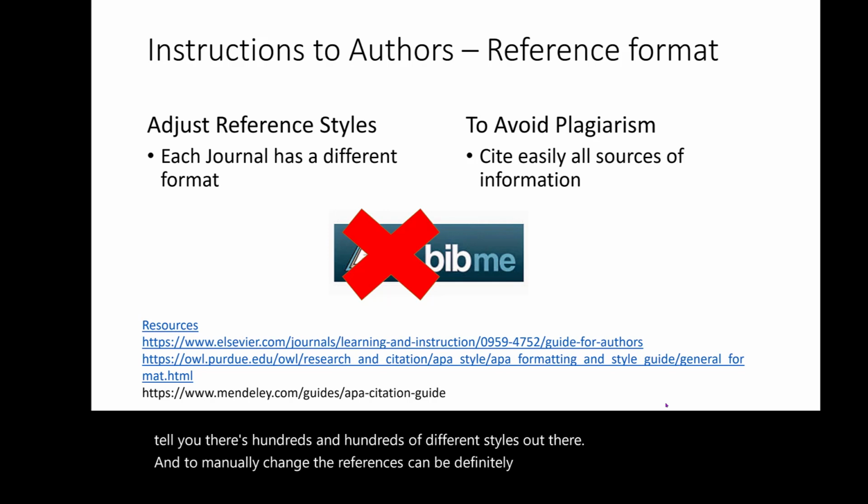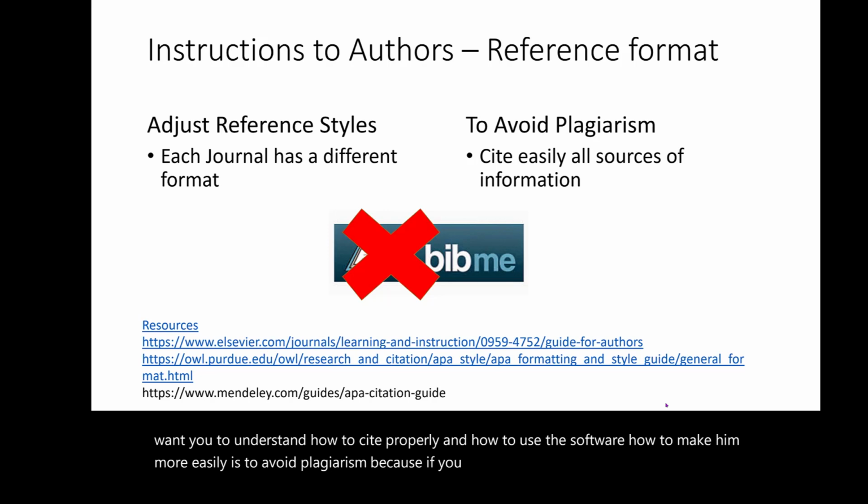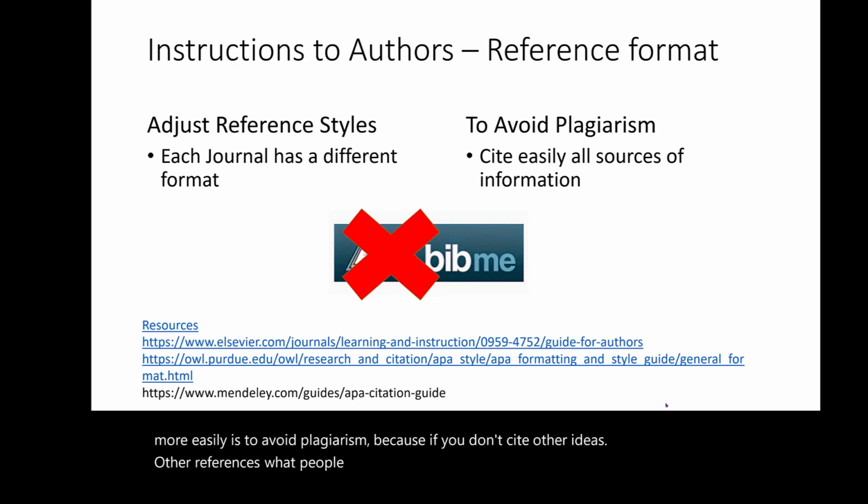The other reason why I want you to understand how to cite properly and how to use the software is to avoid plagiarism. If you don't cite other ideas, other references, what people have done before you, properly, that is plagiarism, and it can cause a lot of trouble.